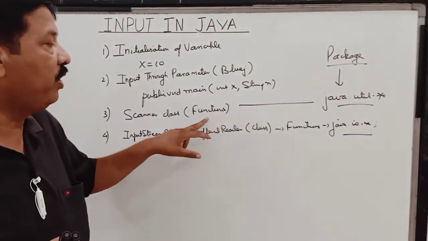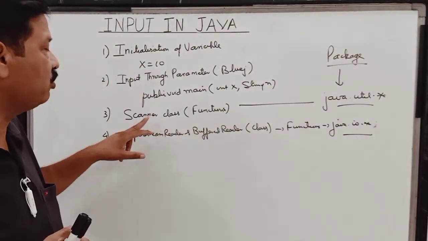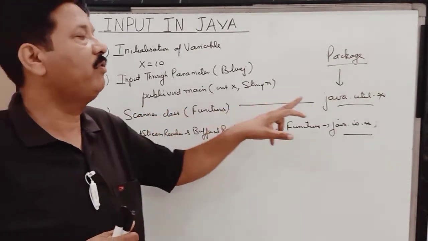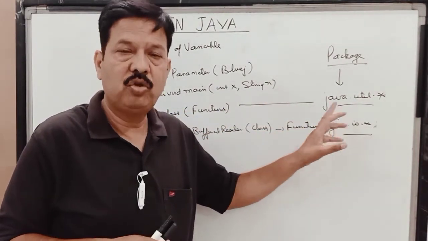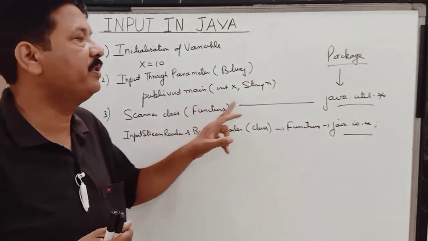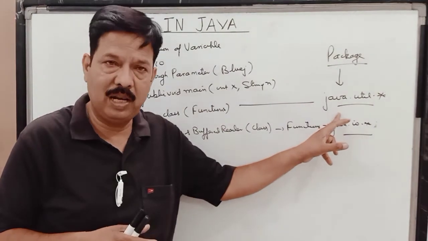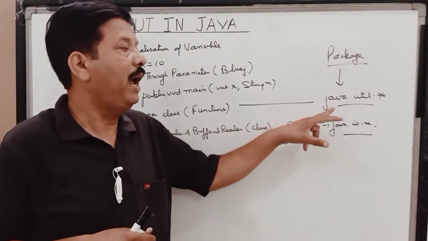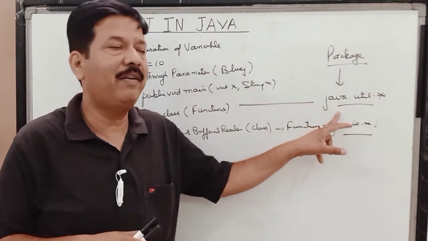But in order to reach that function, we have to first reach the scanner class, and in order to reach the scanner class, we have to reach its package. So I am saying that packages contain classes. This scanner class is present in a package called java.util, so in order to get to this class, we have to first access this package, that is java.util.